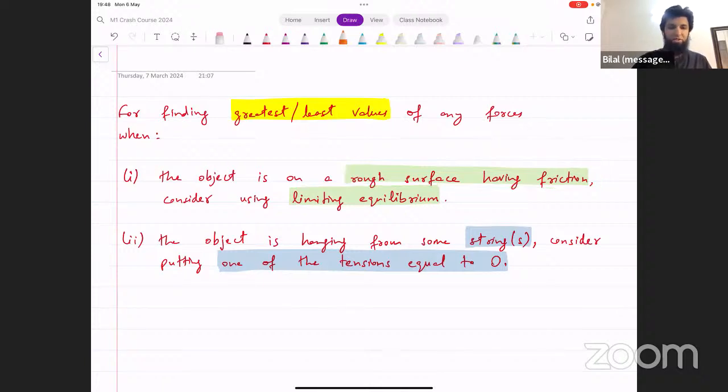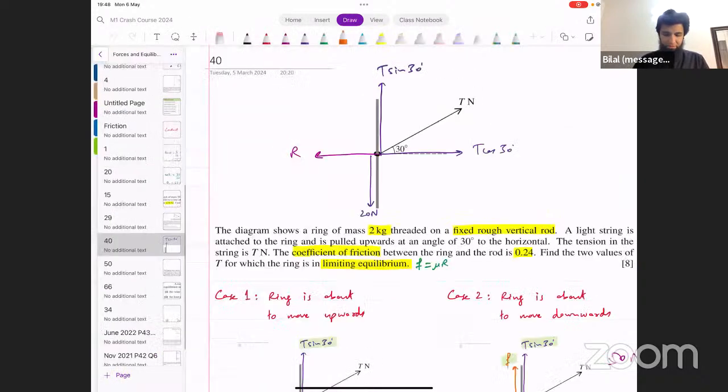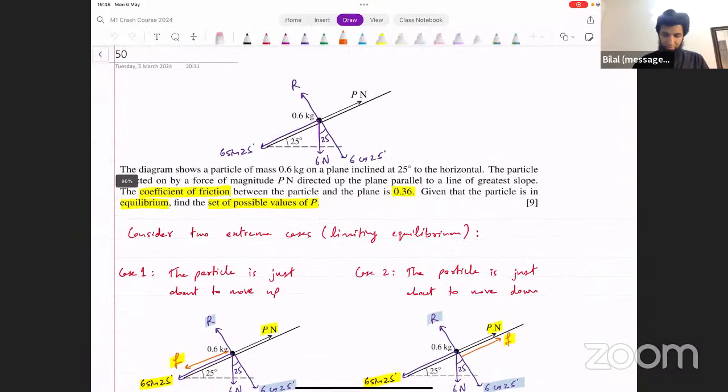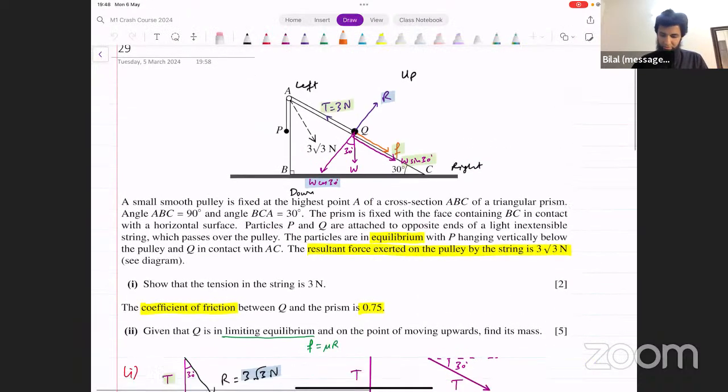What you have to do in such problems is consider the limiting equilibrium case. Okay, the limiting equilibrium case. So for example, you might have something like this. Let me show you a couple of questions like this. For example, least possible value or greatest possible value.